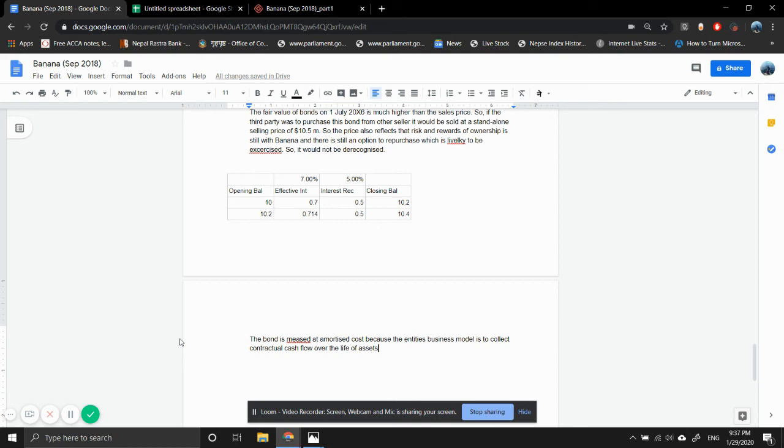And then even though it is sold, contractual cash flow rights are still retained.